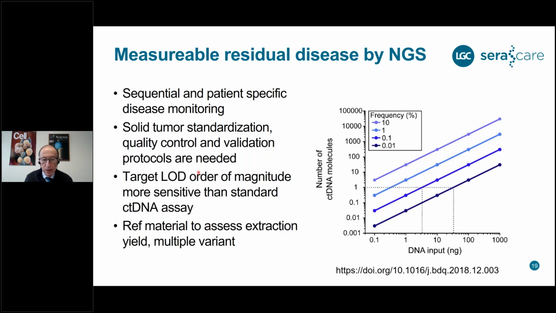The limits of detection can be an order of magnitude more sensitive than a standard ctDNA assay. For example, the FDA has approved a number of assays around 0.4% variant allele fraction, and an order of magnitude less than that would be 0.04%. Real challenging. And the reference materials need to be able to assess the entire workflow, extraction, yield, look at these multiple variants.